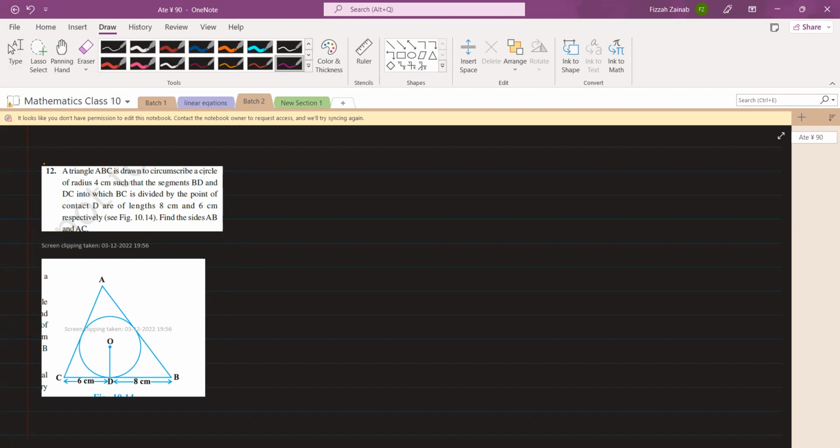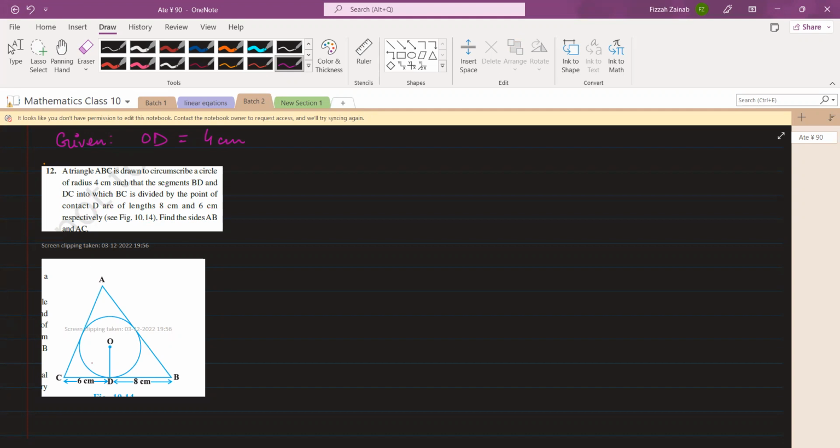So radius means OD; given OD is 4 centimeter. The segments BD and DC into which BC is divided by the point of contact D are of length 8 centimeter and 6 centimeter respectively.